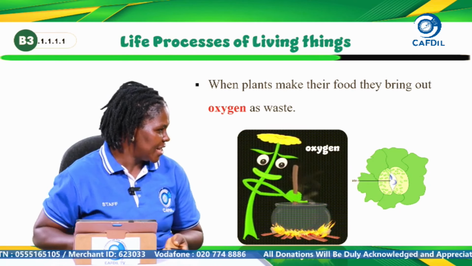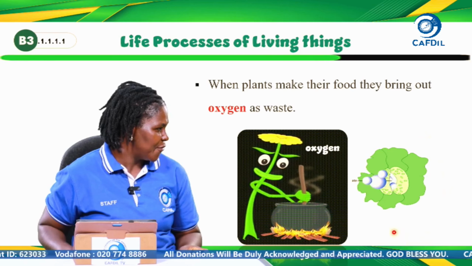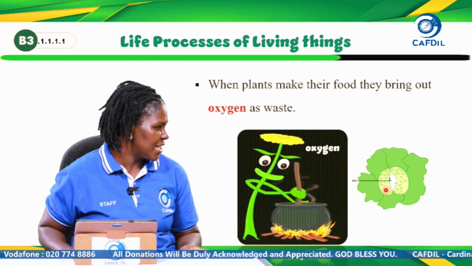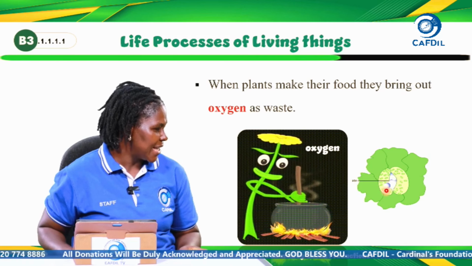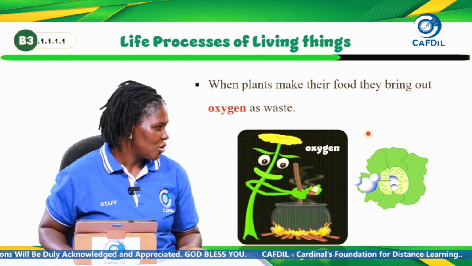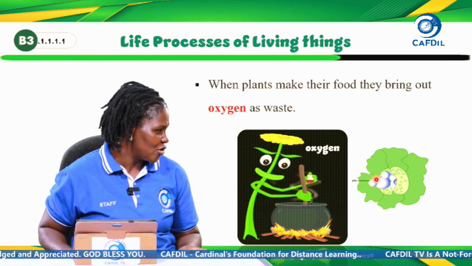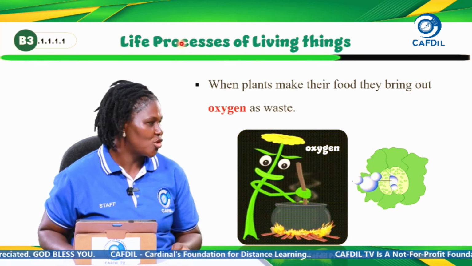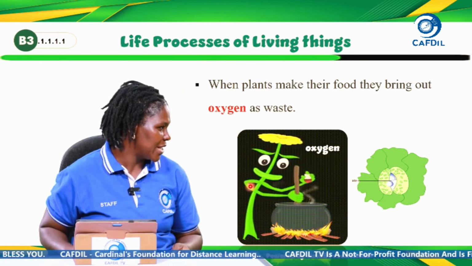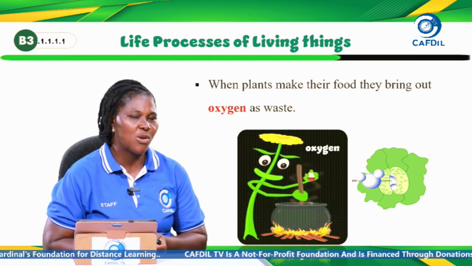You can see the small holes in the leaf. As we can see, the oxygen is coming out. The plant does not need the oxygen. It is a waste for the plant. So the oxygen is coming out through the stomata of the leaf.